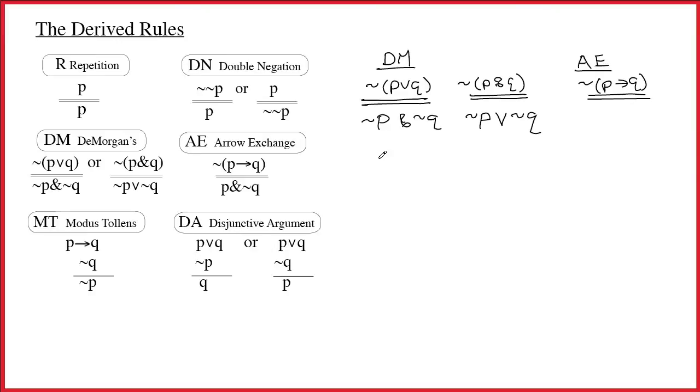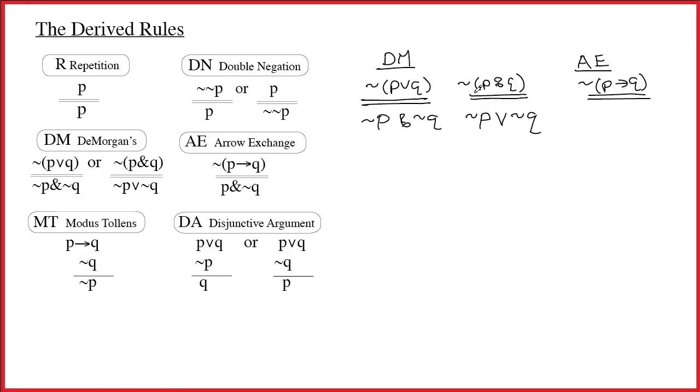If you're going to remember the rules, I think one of the best things that you can do is to associate a story with each one so that you make the rule meaningful. For instance, this first one I might say, it's false that I enjoy puzzles or quizzes. That means that I don't enjoy puzzles and I don't enjoy quizzes.